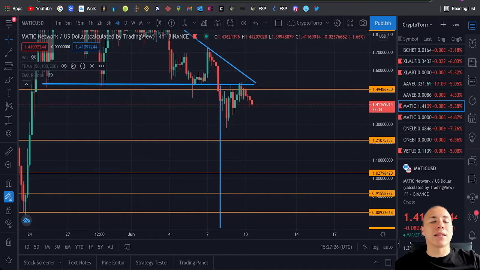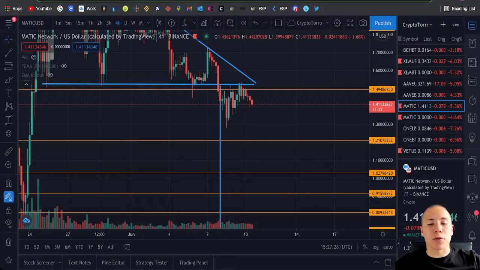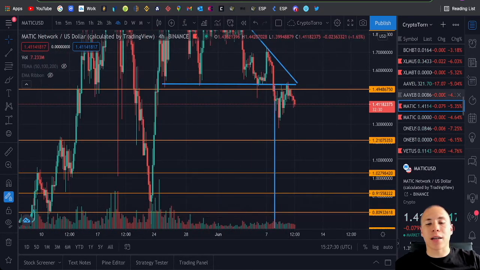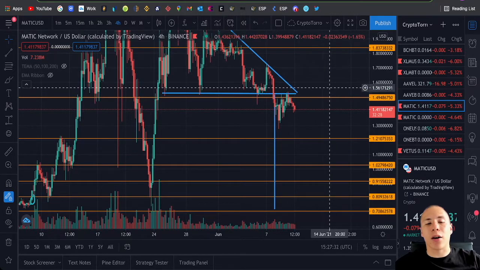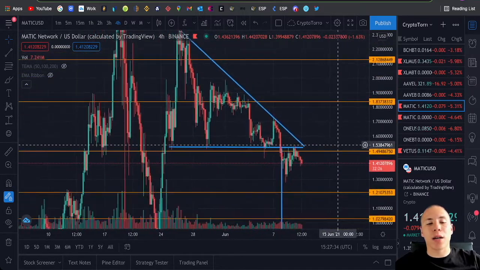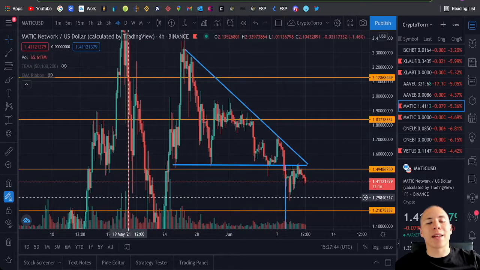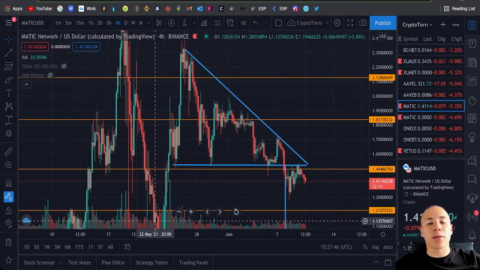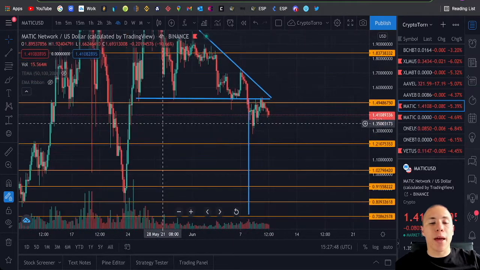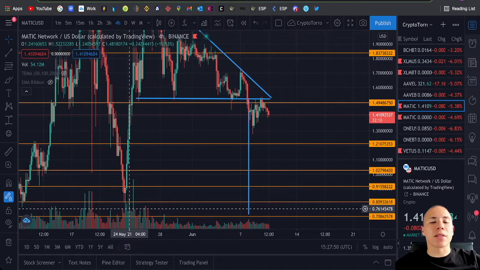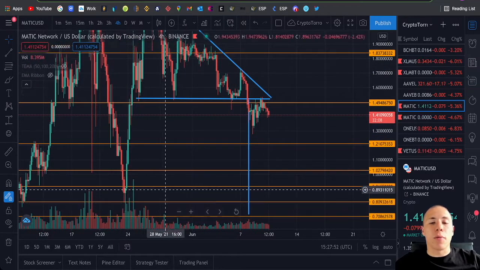And let's take a look also at the volume levels. What we're seeing on the volume is that the volume is actually not confirming this downtrend at all, because once we saw this previous movement towards the downside, we saw a lot of negative volume, and once we went back up, we saw major positive volume candles forming themselves.